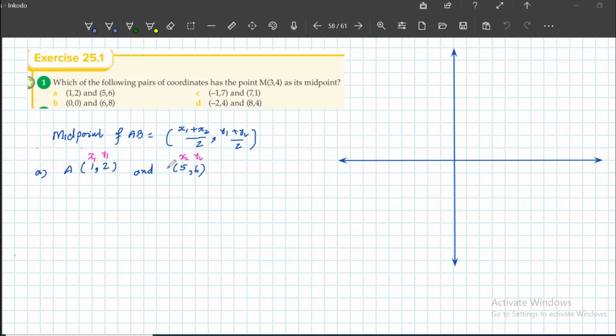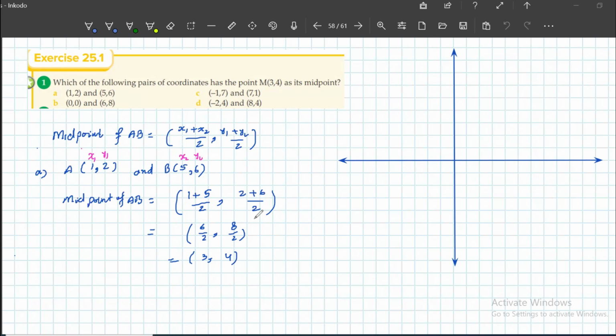Let's suppose this is A, B. So the midpoint of AB is 1 plus 5 over 2, 2 plus 6 over 2, which is 6 over 2, 8 over 2. 6 over 2 gives us 3, and 8 over 2 gives us 4. So 3 comma 4 is the required midpoint of part A.